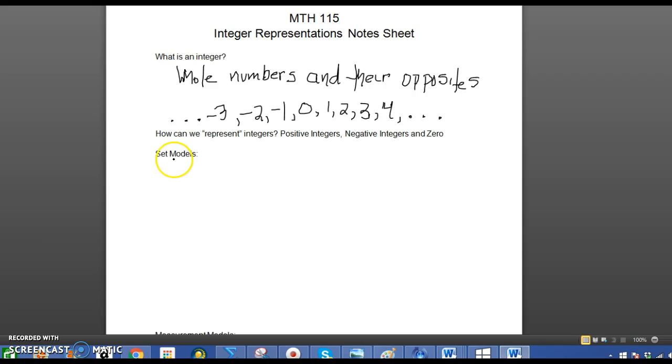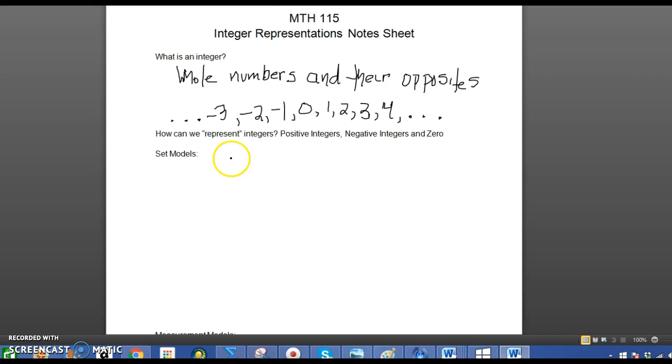And we use a unitary model for set models, meaning we don't use base 10, and we don't really need to, because once students are able to figure out the rules of integers on their own, they can apply those to numbers that are large enough to make us want to use the base models. So we just use a unitary model, so one object is equal to 1.